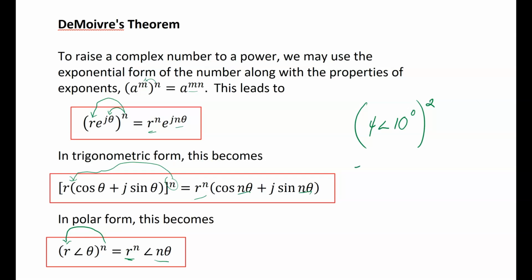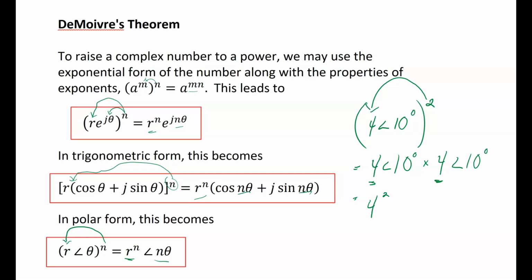So that's the same as 4 at an angle of 10 degrees times itself, 4 at an angle of 10 degrees. And you remember with the multiplication rule, what we did was we multiplied the r's, and in this case, they're just the same number. So we've got 4 times 4, or 4 squared. So I have raised the 4 to the power of 2.